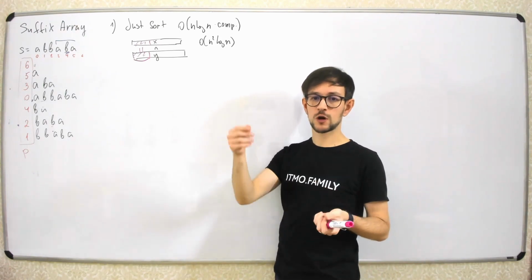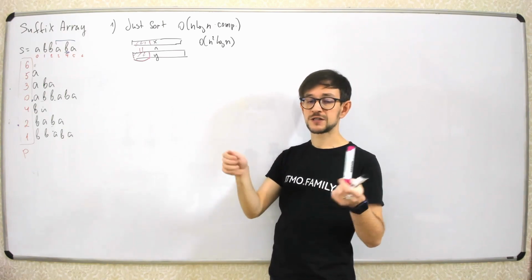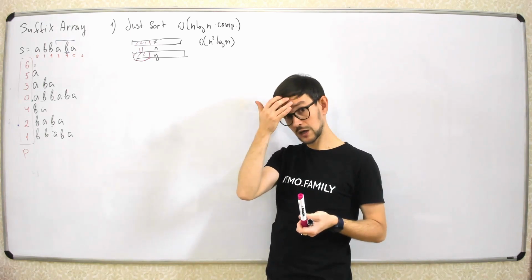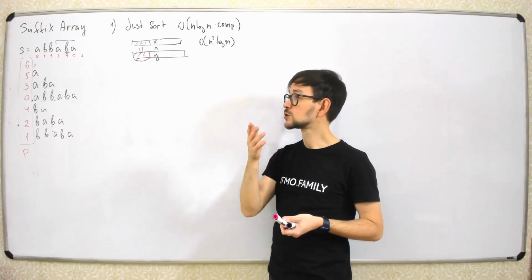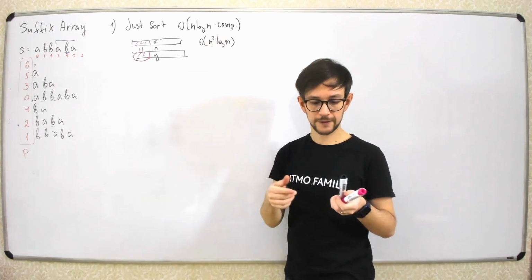Each time we need to compare two suffixes, we use a binary search, and inside this binary search we compare two strings using hashes. So we use hashes plus binary search. The complexity of the comparator will be log n.